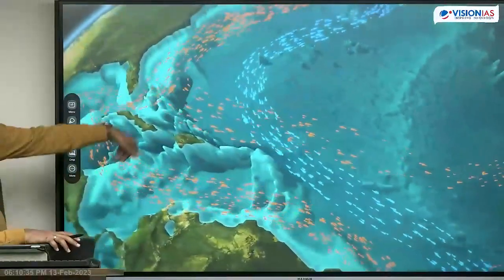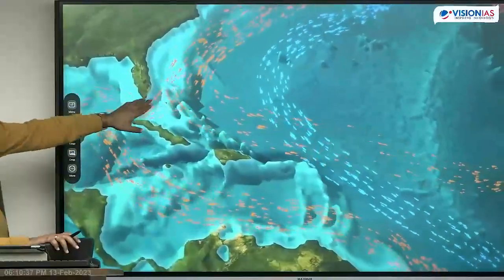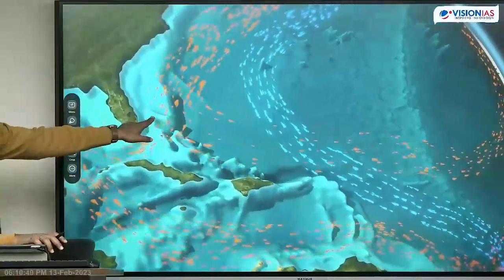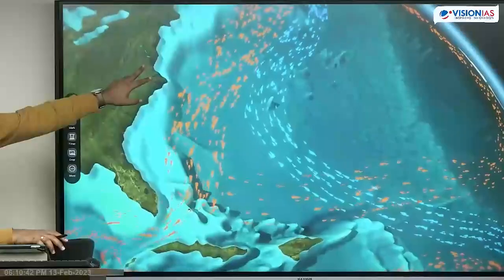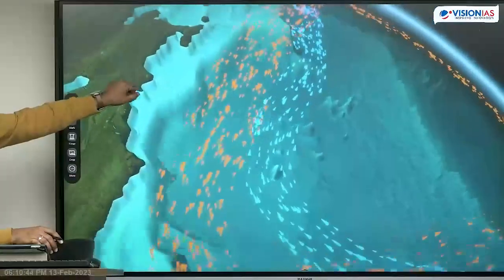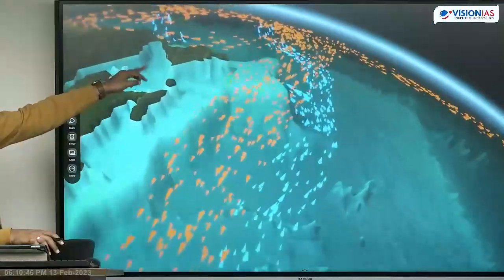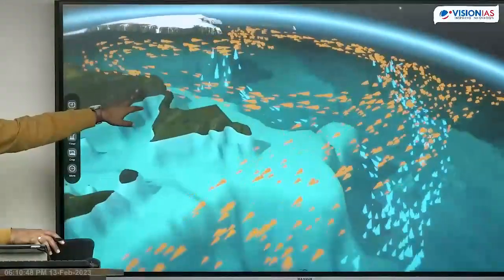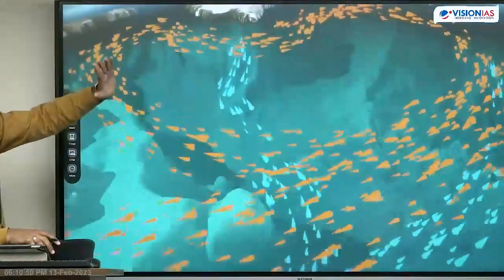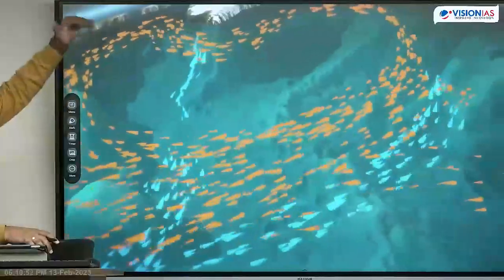This is Antilles current. Okay, this is Florida current. दोनों merge हो गया. This is Gulf Stream. So Gulf Stream turns totally right after Newfoundland Island. This is North Atlantic Drift. A part moves towards the north, a part moves towards the south.